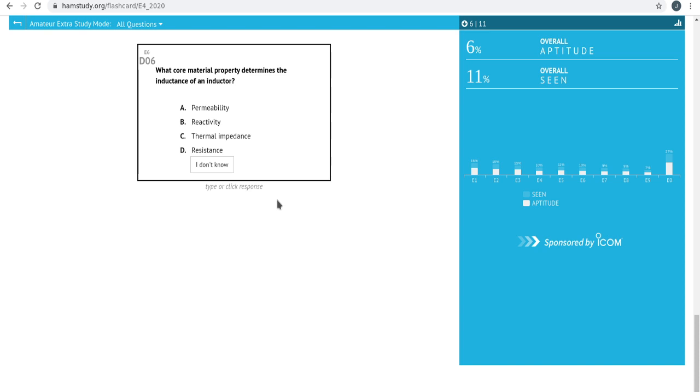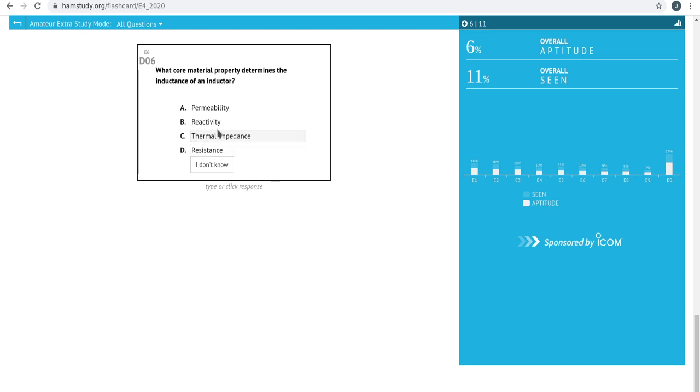What core material property determines the inductance of the inductor? A, permeability. B, reactivity. C, thermal impedance. D, resistance.